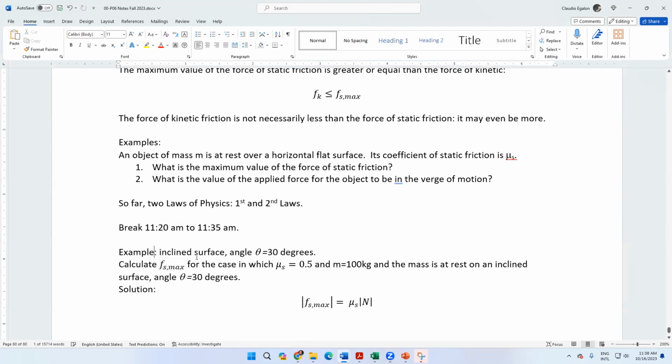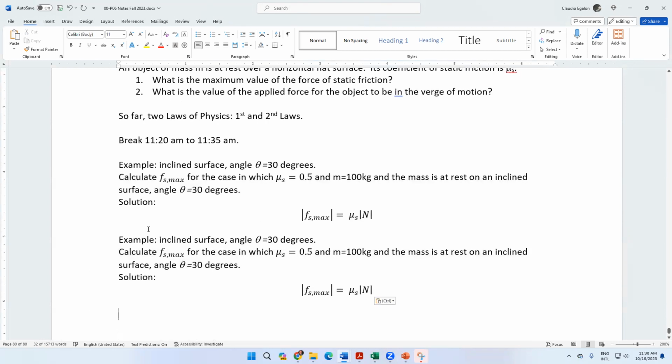First, we're going to do a flat surface.